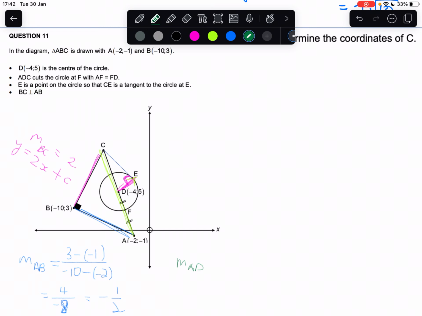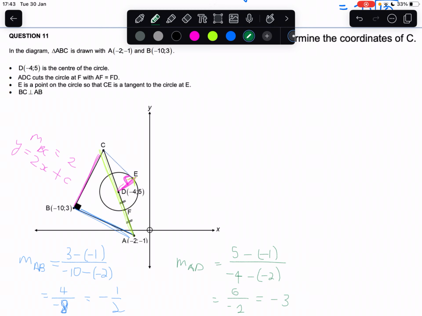We know that ADC is a straight line, so okay, cool. Just having a moment of paranoia, the second bullet point is what I'm referring to. So we've got 5 minus 1 for y, and the x coordinates minus 4 minus 2, which is 6 divided by minus 4 plus 2, which is minus 2, which is negative 3.